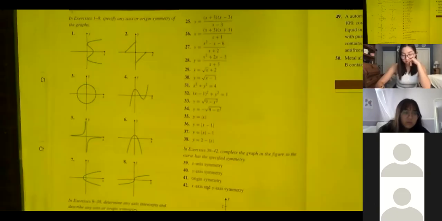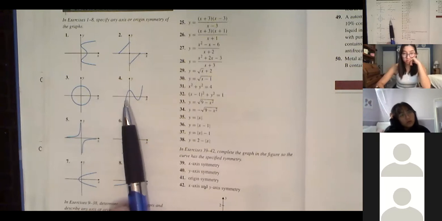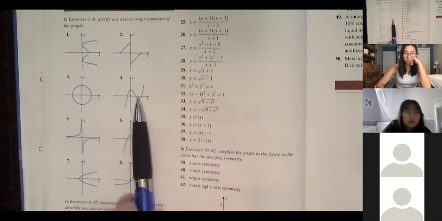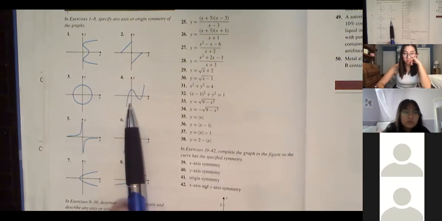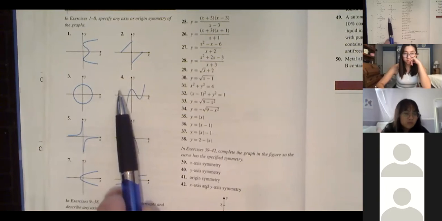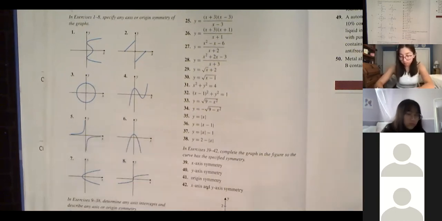It isn't. And it doesn't look like I have any origin symmetry either. A good way to show that is this point here should reflect to something over here. And this point should reflect to something over here, but we don't have it. So number 4 has no symmetry. So for number 4, just put down no symmetry or no SYM, S-Y-M.